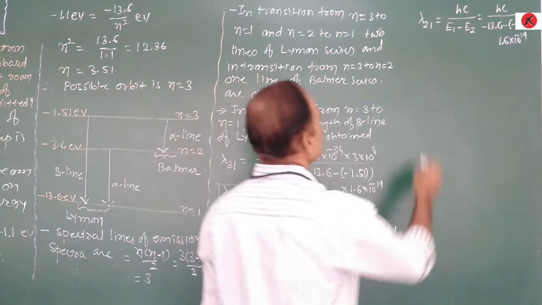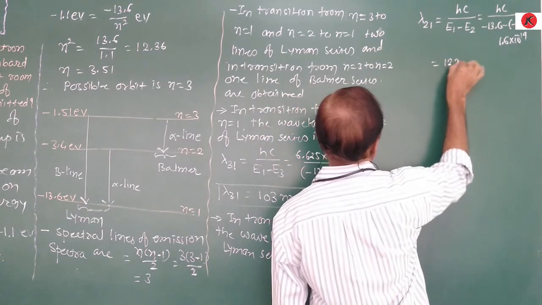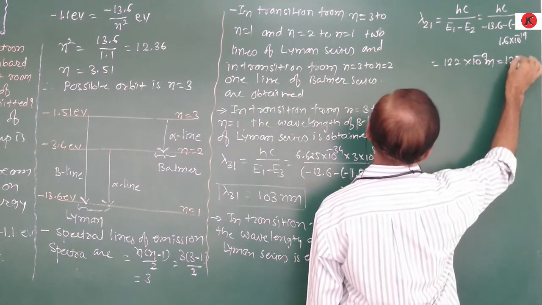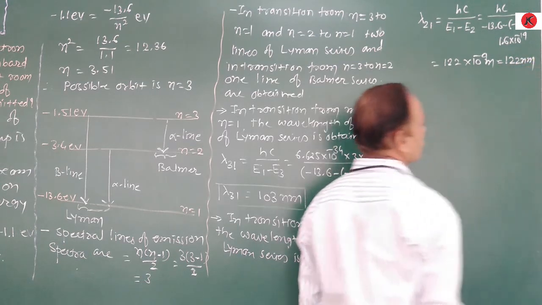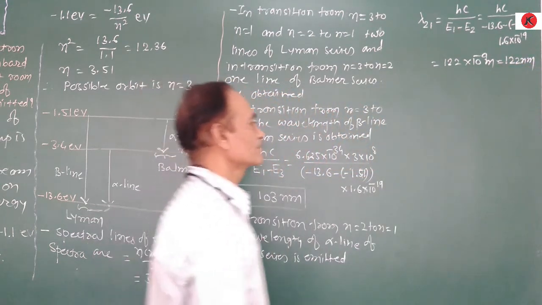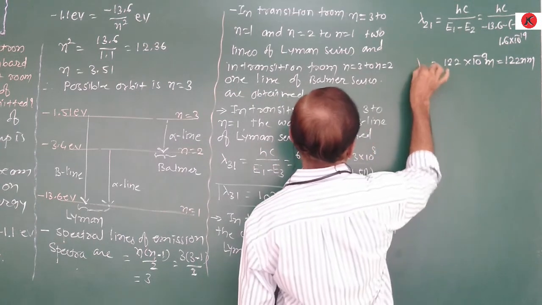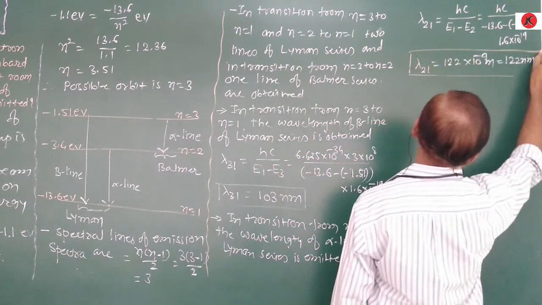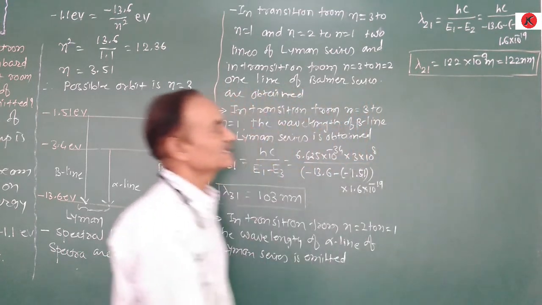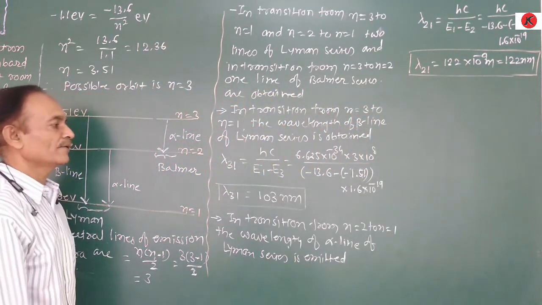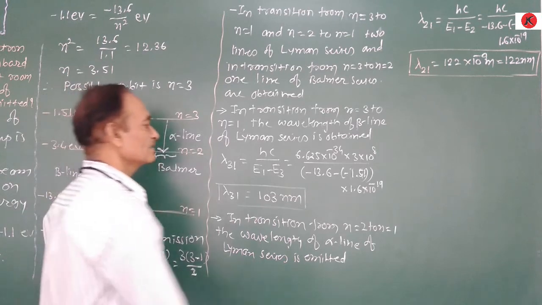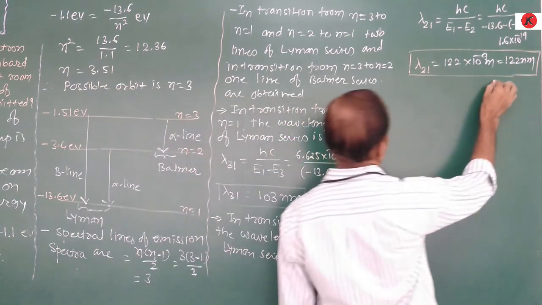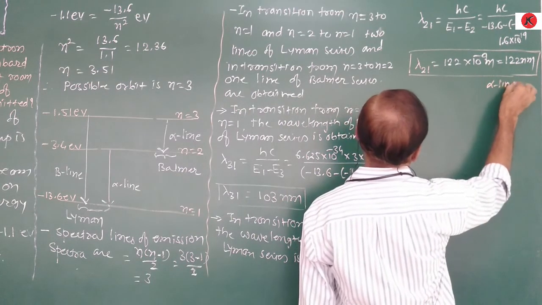Thus we obtain 122 into 10 raised to minus 9 meter, that means 122 nanometer. That is the wavelength of the alpha line for the Lyman series.